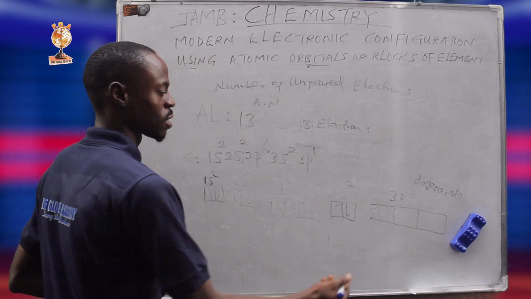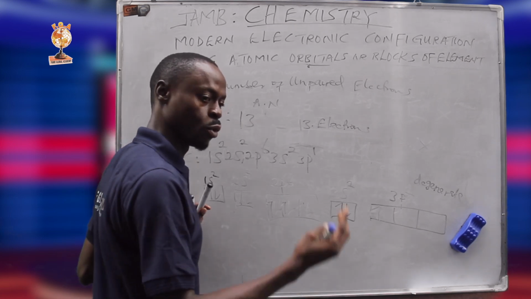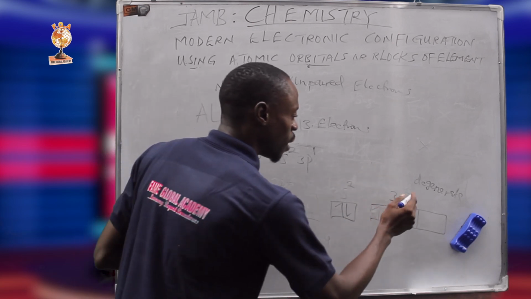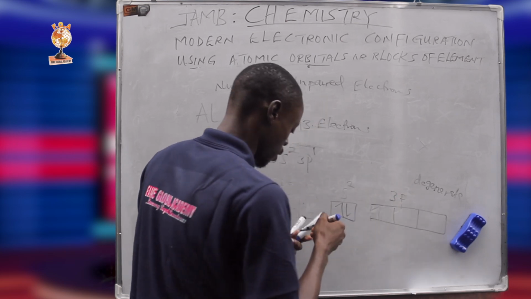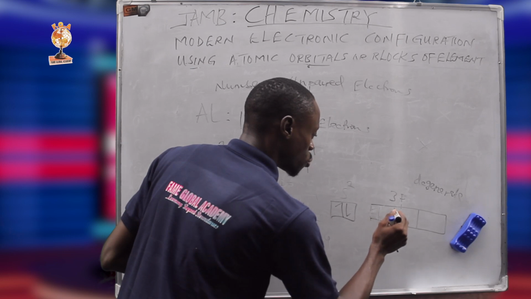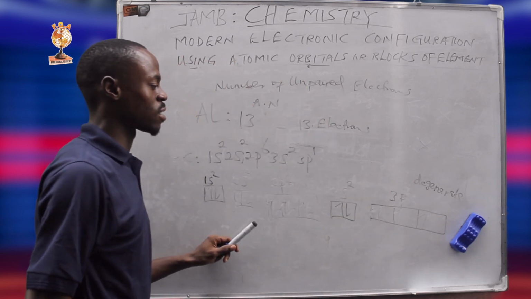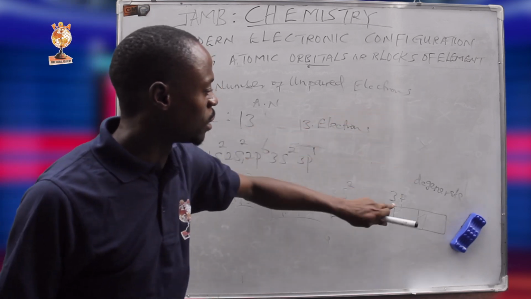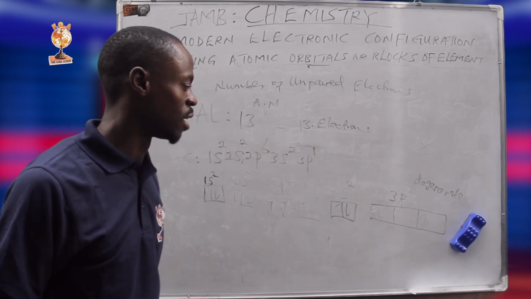And of course, if you are asked how many unpaired electrons are present in this element, the answer would be 2. Let's assume again that you have another element X that has 3 electrons in its 3p orbital. You obey Hund's rule by applying them singly first. If you are asked how many unpaired electrons an atom with 3 electrons in the 3p orbital has, the answer would be 3 unpaired electrons.